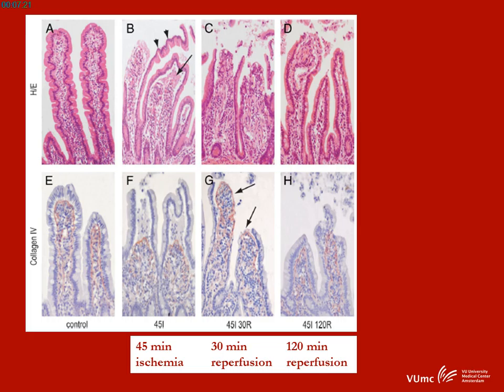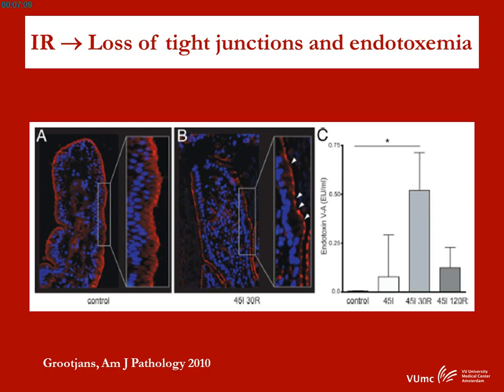And they also found that the basal membrane was exposed to the luminal content 30 minutes after reperfusion. And these are pictures of the tight junctions, and they found loosening of the tight junctions, and they also found translocation of bacterial endotoxin into the blood.